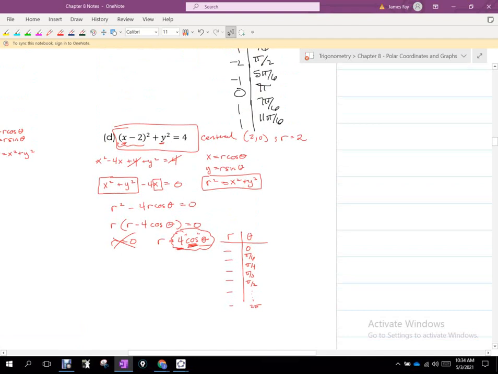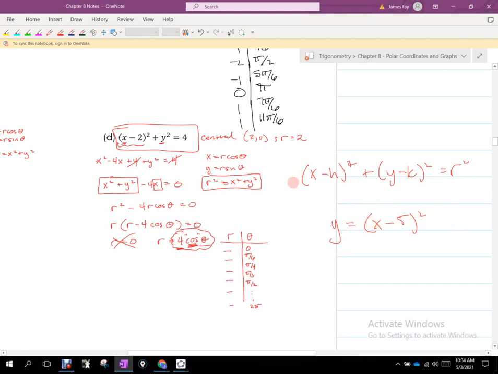Every circle in rectangular form is x minus h squared plus y minus k squared is equal to r squared. And it has to do with transformations. Now, usually with transformations we think opposite. Like if I had y equals x minus 5 squared, you know that's going to move right 5, correct?